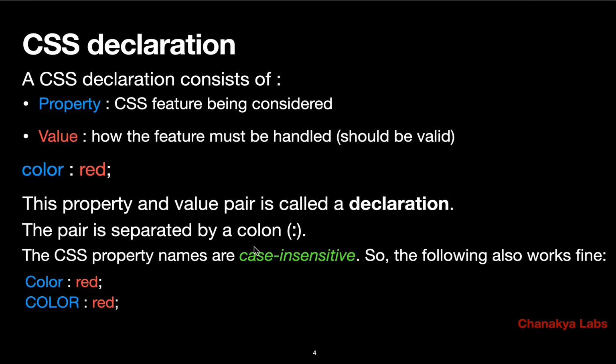I am talking about property names here, but red is also a valid color value, and there are many default color keywords which are also case insensitive. In fact, the whole CSS is case insensitive.